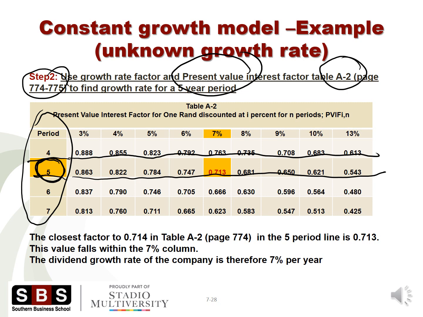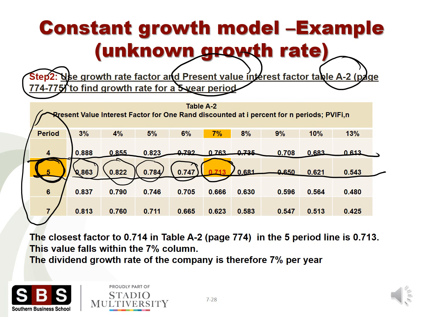The growth factor that we calculated was 0.714. So we now need to look at all these values to find a value that is 0.714 or as close as possible to 0.714. Now if we go across, we get to 0.747, and then we get to 0.713.